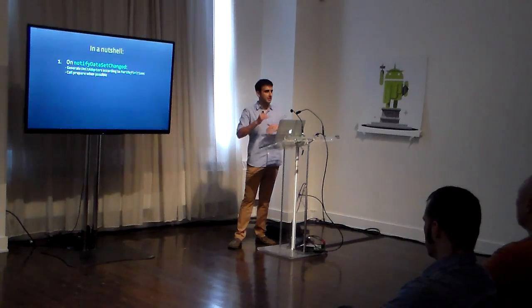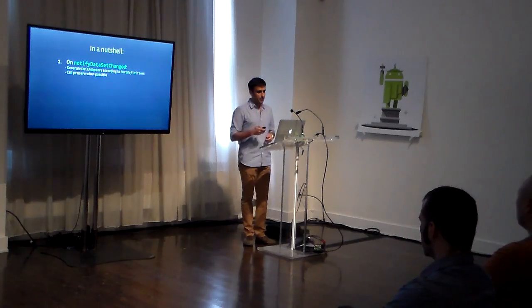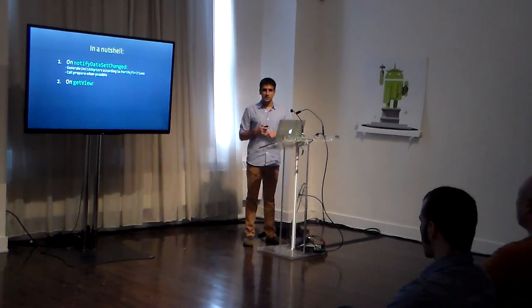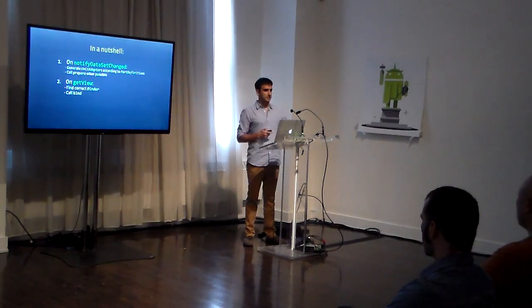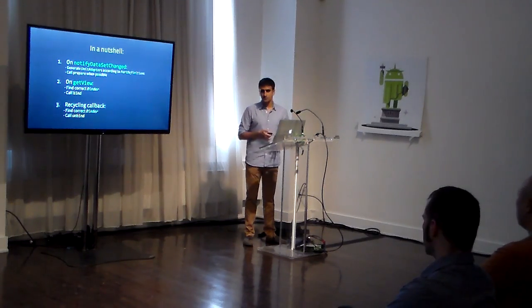Then you want to start scheduling prepare in whatever time you have. Whenever getView is called, we just have to find the correct unit adapter, find the correct binder in that, for that row, and call bind. And when you have your recycling callback, we do the opposite: find the correct binder and call unbind. And that's pretty much all of it.